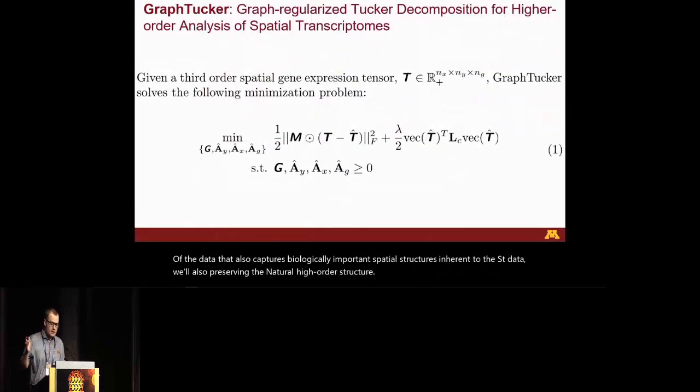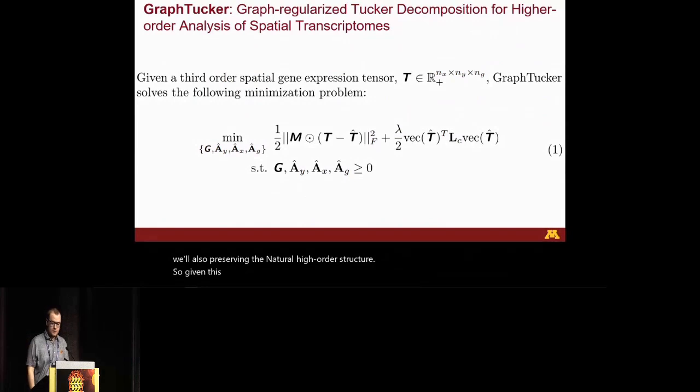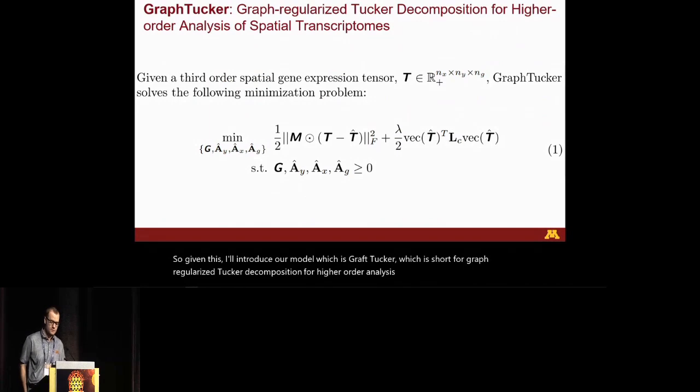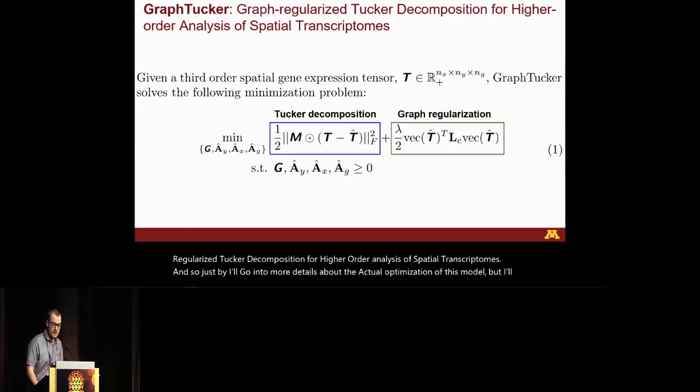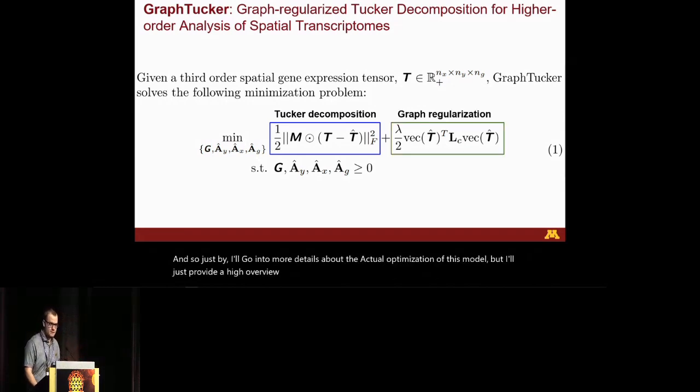So given this, I'll introduce our model, which is GraphTucker, short for Graph Regularized Tucker Decomposition for Higher Order Analysis of Spatial Transcriptomes. I'll go into more details about the actual optimization of this model, but I'll just provide a high-level overview. This model consists of a Tucker decomposition of our tensor, as well as a graph regularization term.